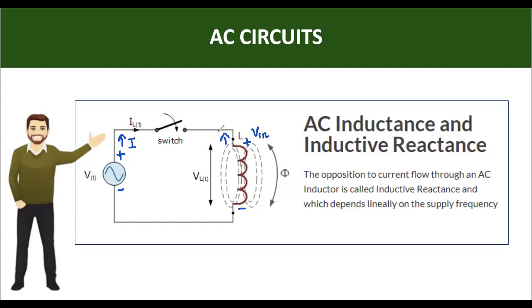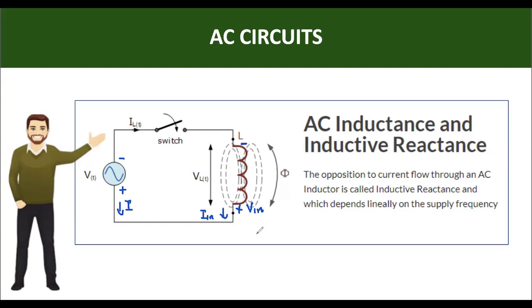So when the voltage source changes its polarity and gives a current I, according to Lenz's law, the inductor creates in the opposite direction an induced current, and a voltage induced in this direction, with this polarity.